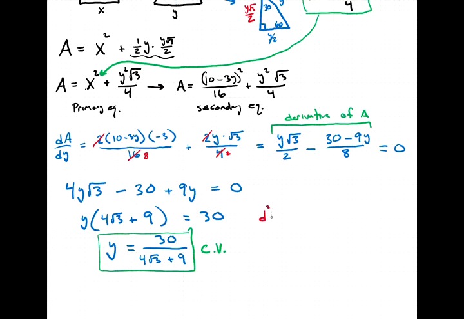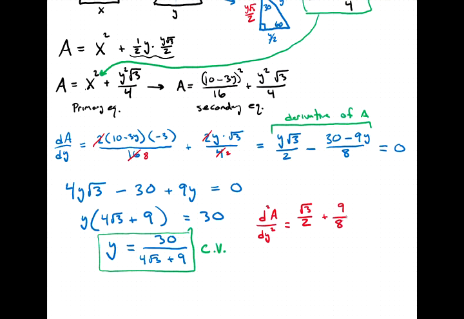The second derivative of A with respect to y is equal to the derivative of √3/2 times y, that's y to the first power, so that's just √3/2. And then we have the derivative of -30/8, that's a constant, so the derivative of that is 0. And the derivative of -9/8 times y is negative 9 over 8. And so we have a minus minus, so that's plus 9 over 8.